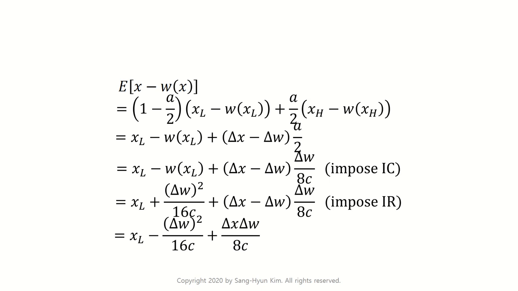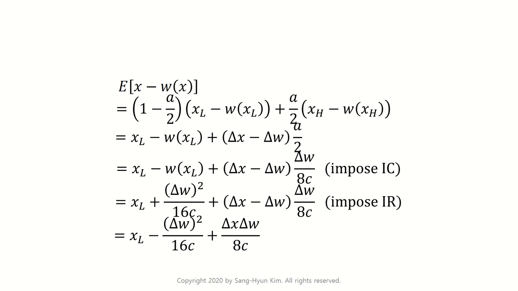So WH minus WL is written as delta W. So by doing this, we can express this expected profit as a function of A, right?